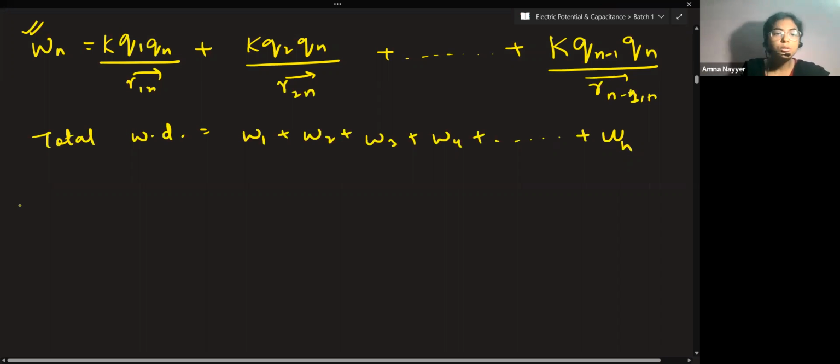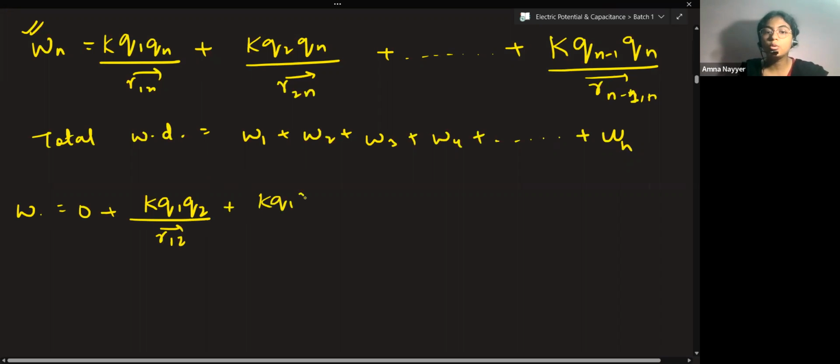Total work done. So work done will be what? It will be first 0 for work done, W1. W2 we had seen K Q1 Q2 divided by R12. Then for W3 we had seen K Q1 Q3 by R13 plus K Q2 Q3 by R23.